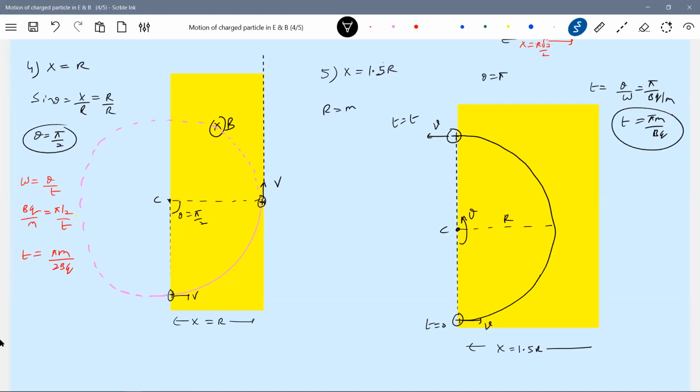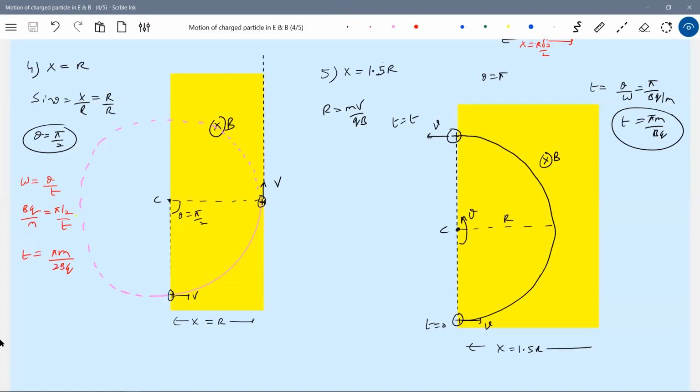What about the radius? The radius again depends upon the speed with which it enters here. I think this is the best thing available for us to control the motion of a charged particle. By varying the width of the field, we can control the deviation. That's the primary aspect of our discussion.